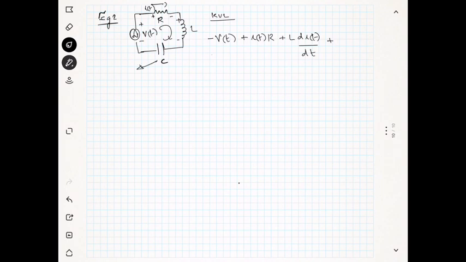For the capacitor, Q is equal to C into V, so I of t equals C into dV of t over dt.